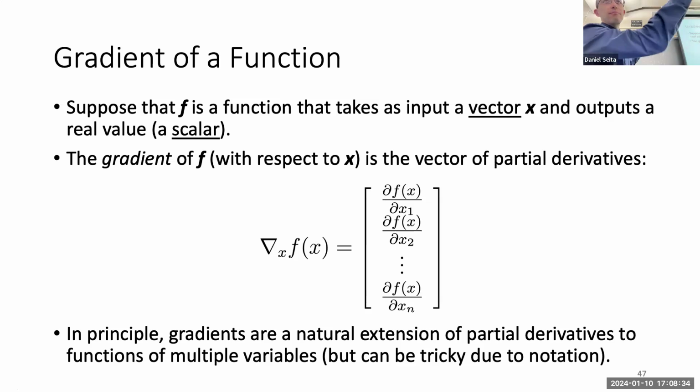Remember, x is this big vector, and x1 is a scalar. So df/dx1, and the same thing for all the other rows. In principle, it's a natural extension of partial derivatives to functions of multiple variables. The main tricky thing is the notation and trying to collect larger numbers. Any questions on this definition?